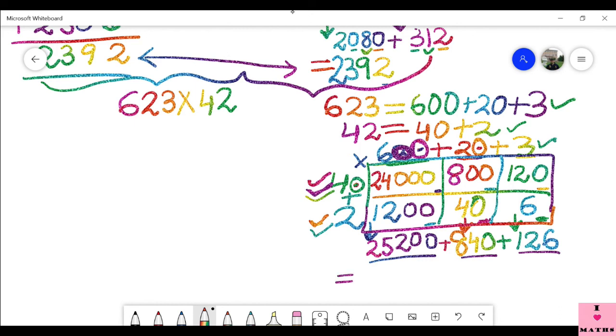Now 0 plus 0 plus 6 will give me 6. This 0 plus 4 plus 2 will give me 6. 2 plus 8 is 10 plus 1 is 11. 1 here and 1 carry over. 5 plus 1 is 6 and 2.